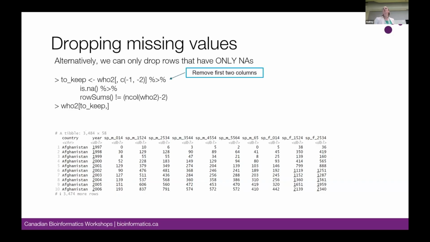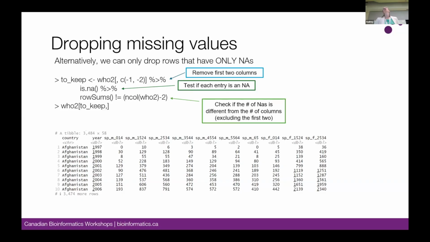So first you remove the first 2 columns, the country and the year, to only have the data information. Then you test if each entry is an NA with is.na, and then you count the number of sums to get the number of rows, to get the total number of entries, and then you check how many entries are not NAs, and then you can select some rules to keep, etc. There are hacks around this, but it's not trivial.